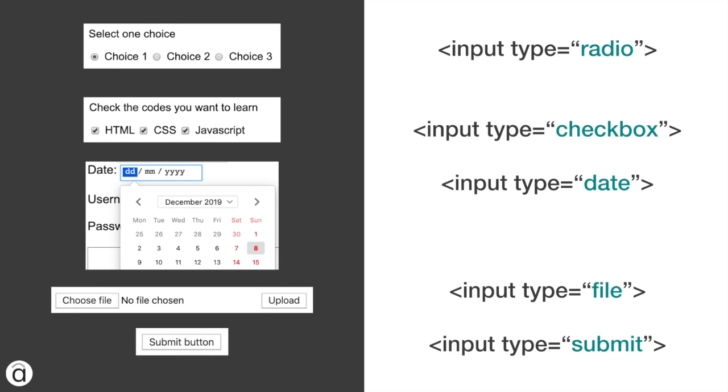These are input types as well. The first one is called radio button, and you can see the top image. Effectively, you've got one of three choices. I just put choice 1, choice 2, choice 3. But with a radio button, the user can only select one. They can't select any more than one.